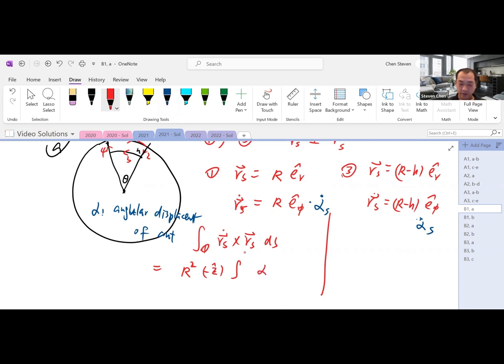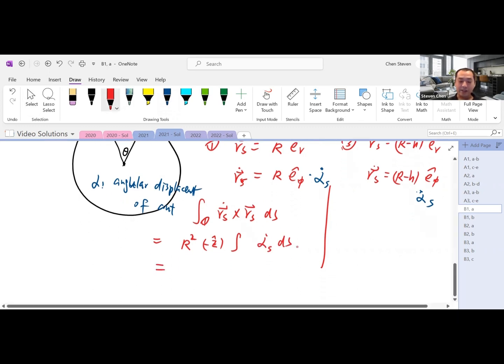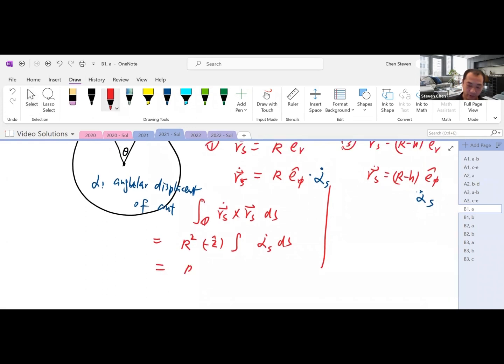over alpha dot ds. So the total angular displacement on path 1. Suppose we treat the counterclockwise rotation as positive. Because path 1 is clockwise, so it's negative theta. Okay. And then let's look at path 3.